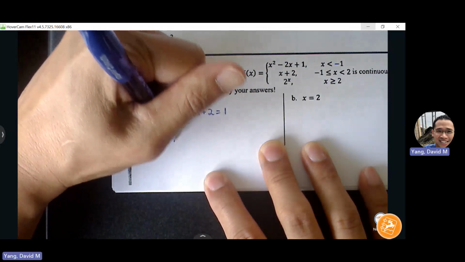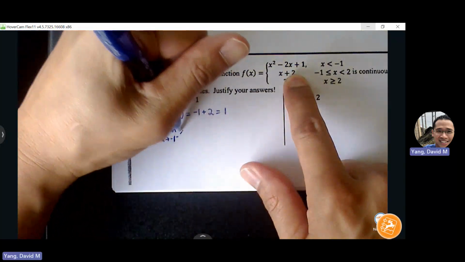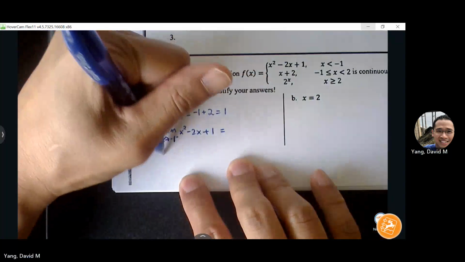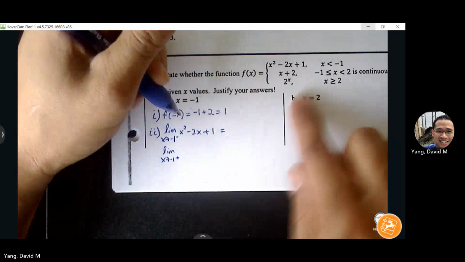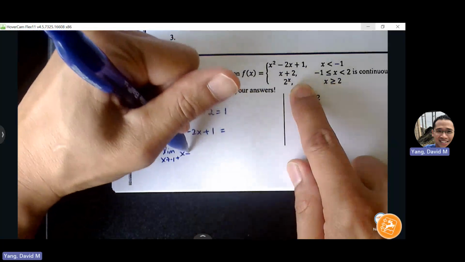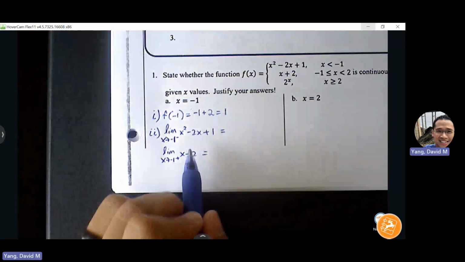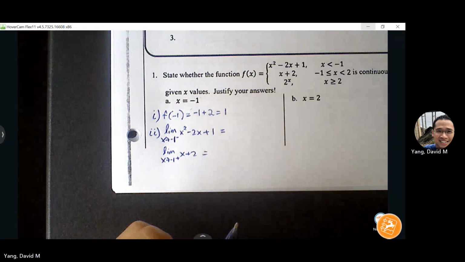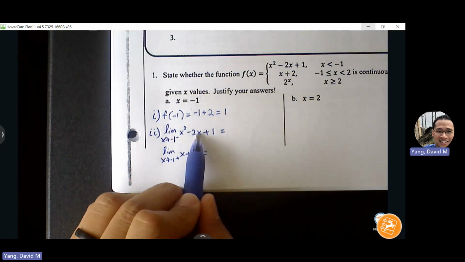Sorry, approaching -1 from the left, that's the x squared minus 2x plus 1. From the right is the x plus 2. If I insert -1 into the first piecewise function, I get 1 plus 2, because the 2 negatives cancel out.